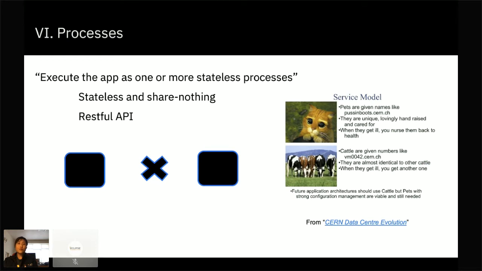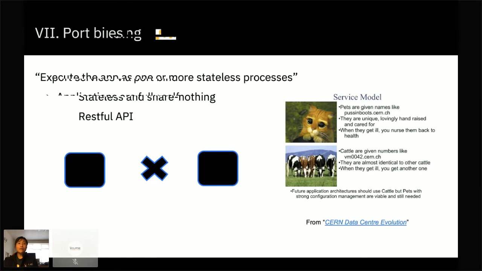You should treat your 12-factor app as cattle, so you can freely scale up or down without losing much information. A pet has a personality; all the pets are different. They have their own personality, so they are not replaceable. I use this analogy to say your processes should be stateless like cattle.